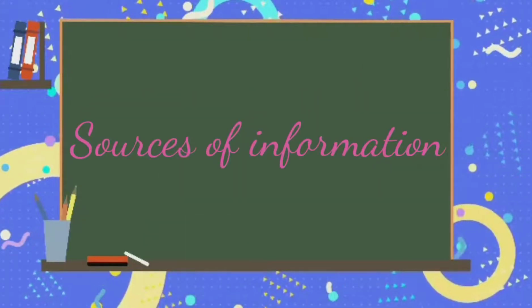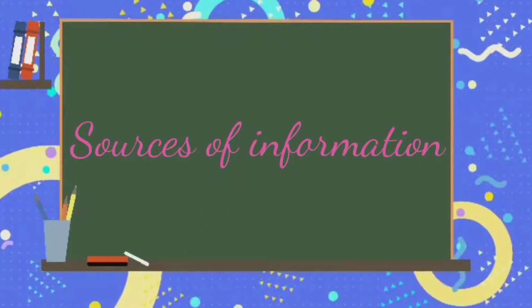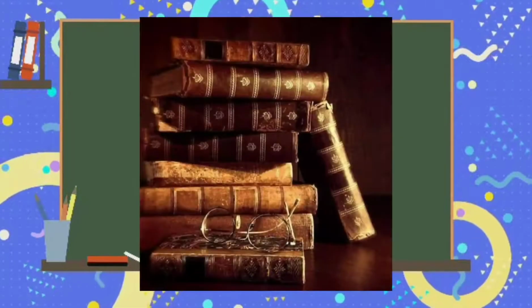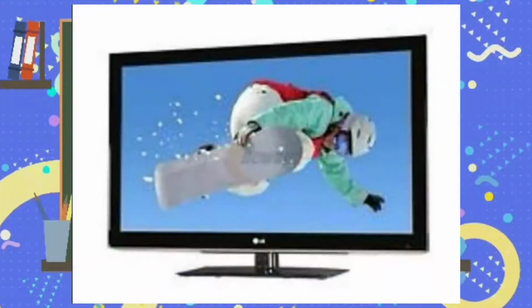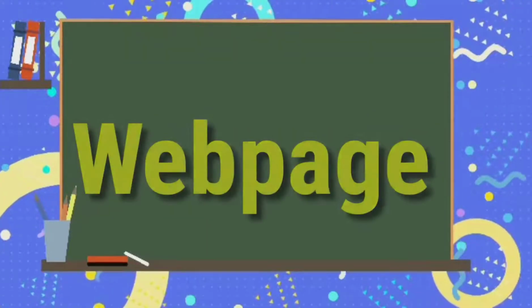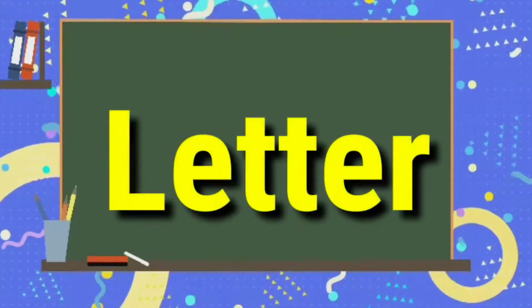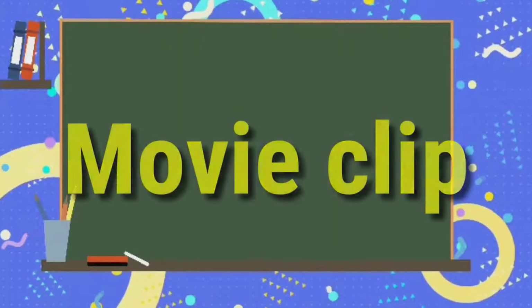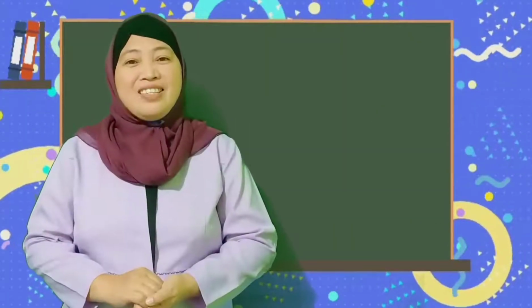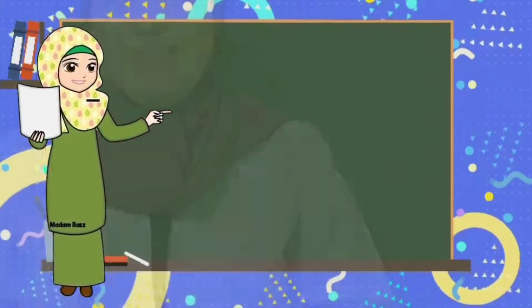Some examples of sources of information are magazines, books, research, study, songs, TV programs, reports, web page, computer, newspaper, letter, advertisement, and movie clip. All sources are created by someone. The work belongs to the person who created it. And that work is the person's intellectual property.